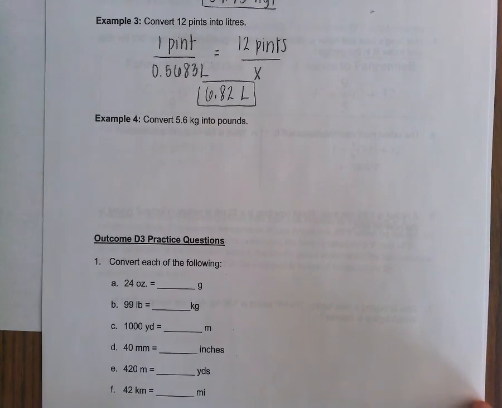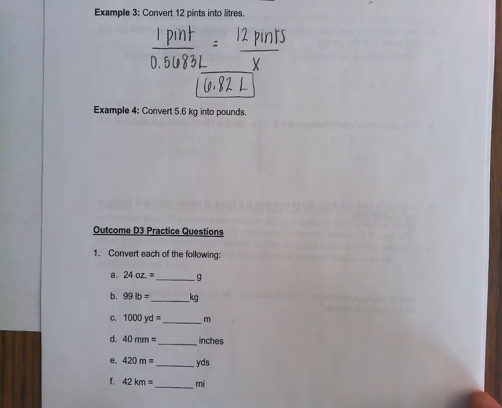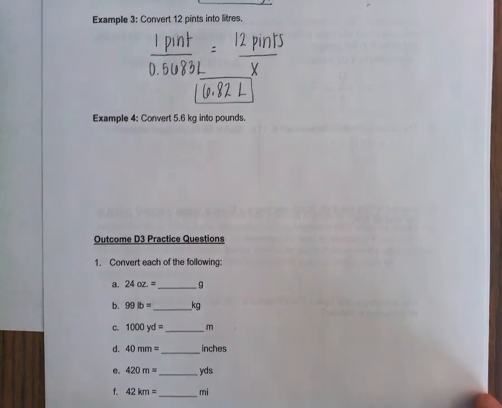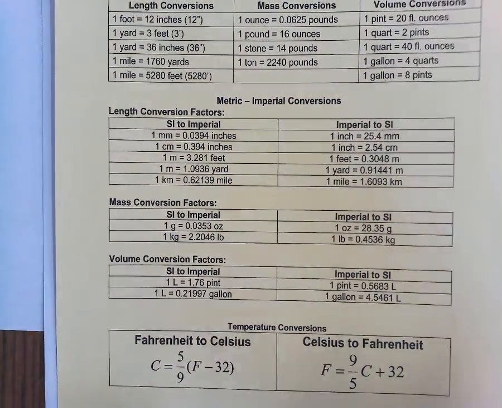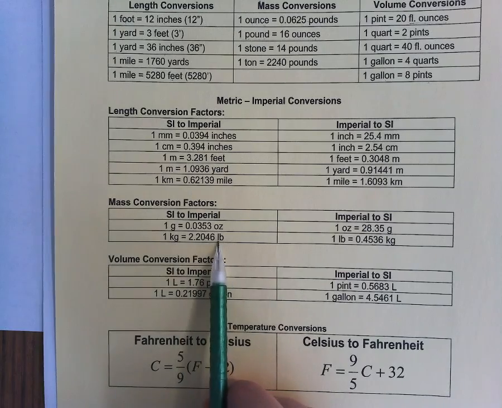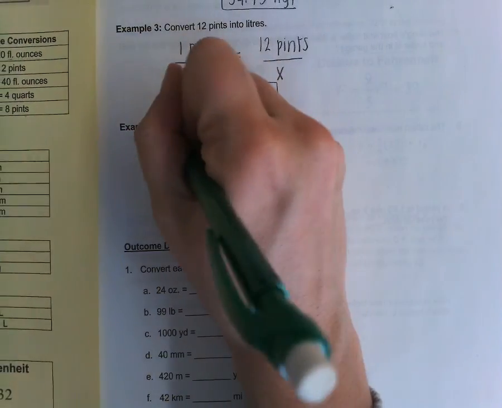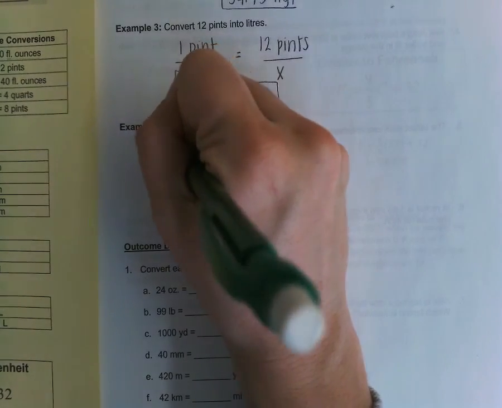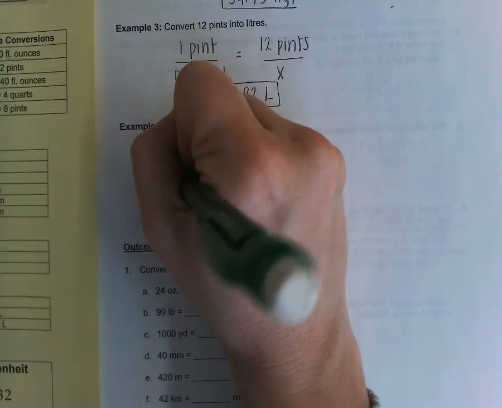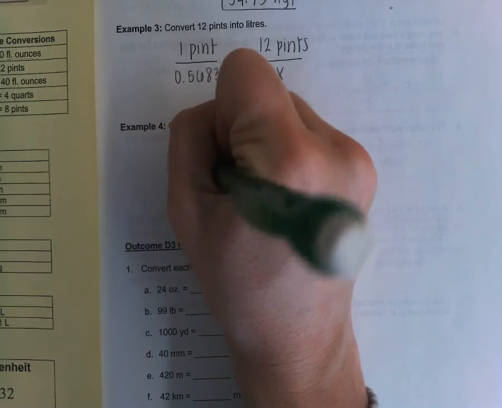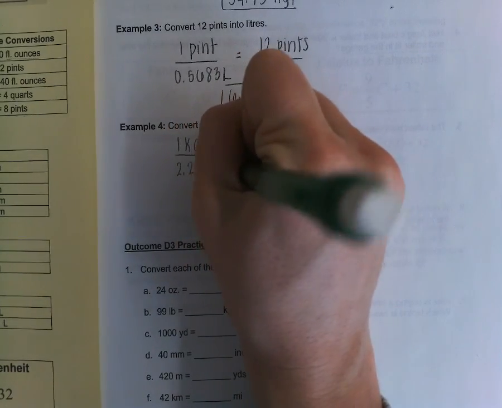And finally, we're going from 5.6 kilograms into pounds. So I'm going to go on my chart, going from kilograms to pounds. So 1 kilogram is equal to 2.2046 pounds.